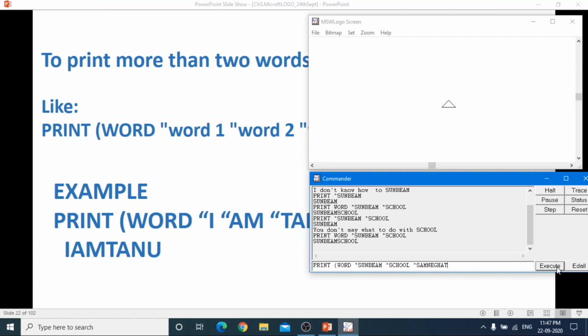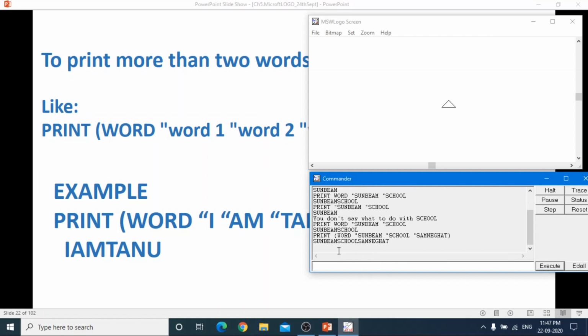Okay, there are three words now. I'm going to close the bracket and then execute it. Three words are printed here: Sunbeam, school, Samne Ghat.